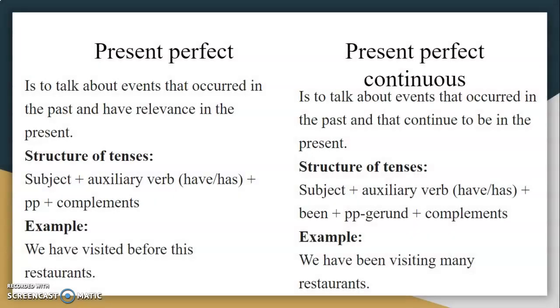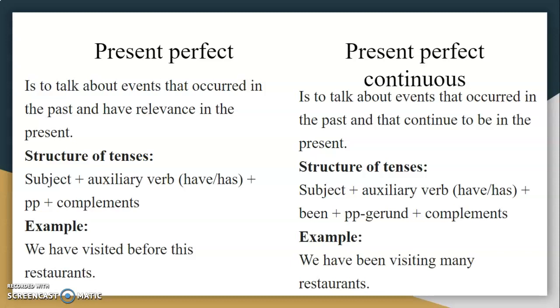Finally, the present perfect versus present perfect continuous. The present perfect is to talk about events that occurred in the past and have relevance in the present. And the present perfect continuous is to talk about events that occurred in the past and that continue to be in the present.